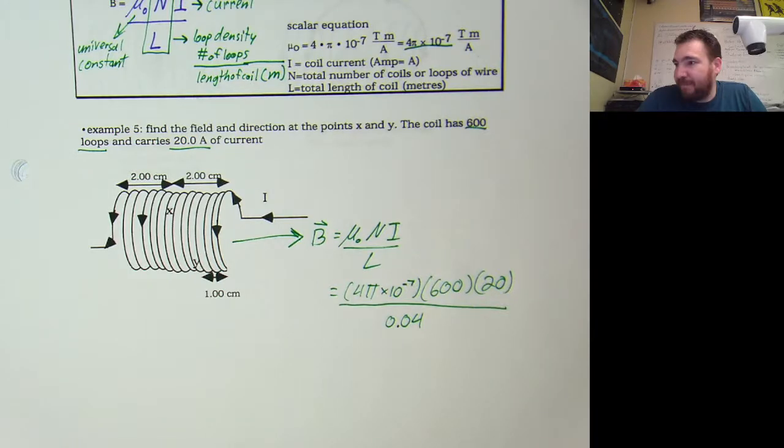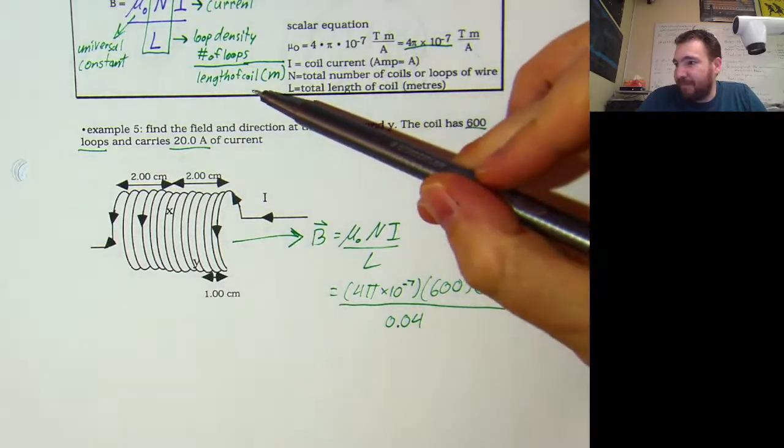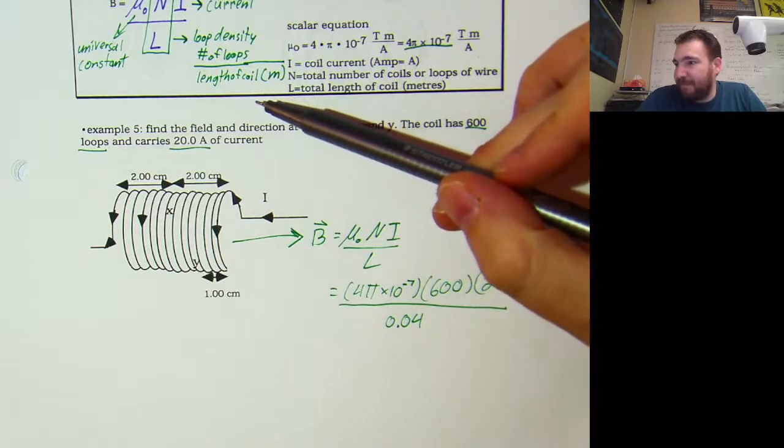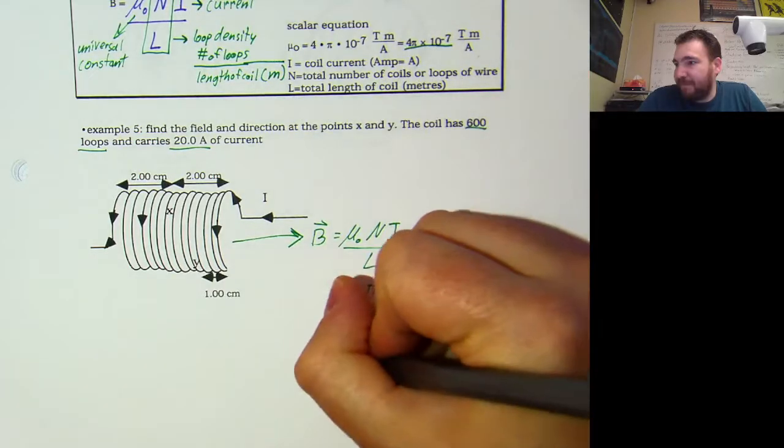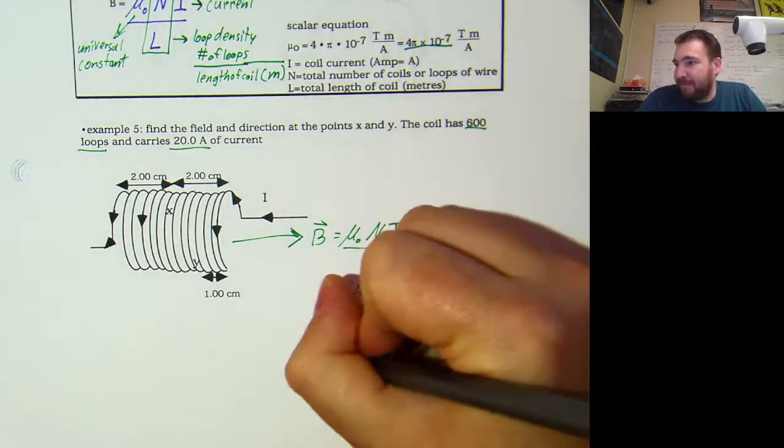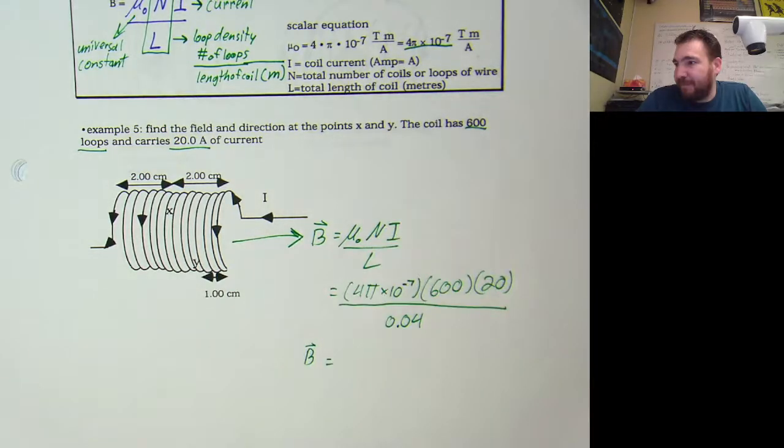Like the physical length of the coil. You pull out your ruler, you measure it. Not the total length of the wire itself. How tall is the slinky? Not if I deformed the slinky. The slinky is stacked. How tall is it? What's the strength of my magnetic field there?